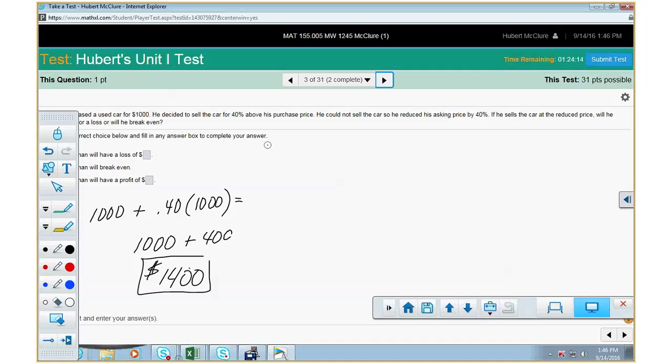So that would be what? 1,400 minus 0.40 times 1,400, and that's equal to blank. Well, 10% is 140. 560. Somebody help me with that. What's 40% of 1,400?